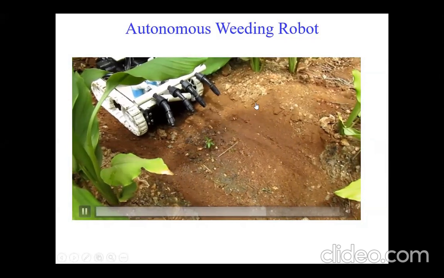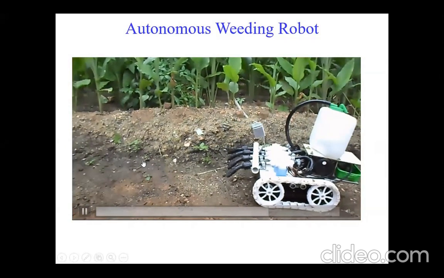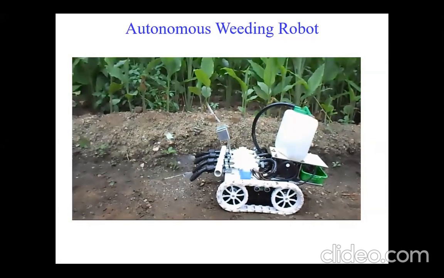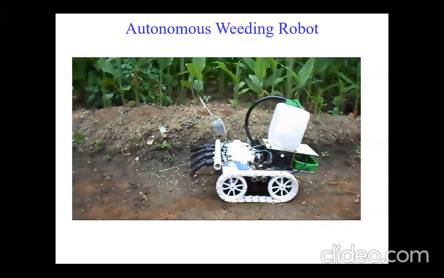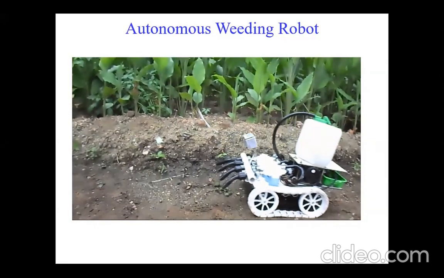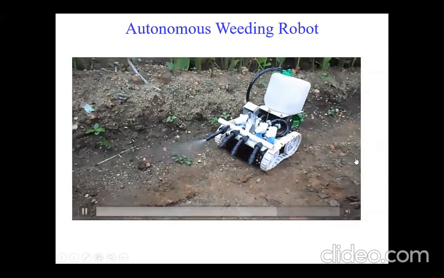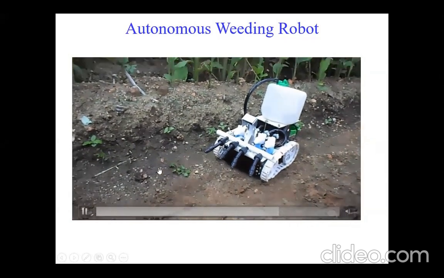This is without consideration of situations, that is, whether the weed is present or not. Normally the farmers apply the chemicals throughout this particular area. Here, this particular robot is going to detect the weed, and it is going to spray the chemicals only on that selected area, not in all the areas.